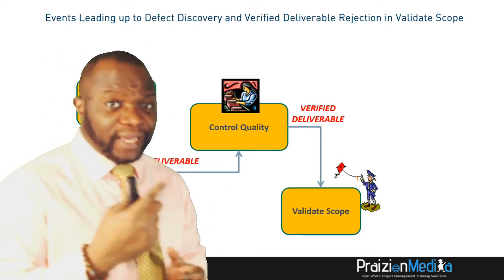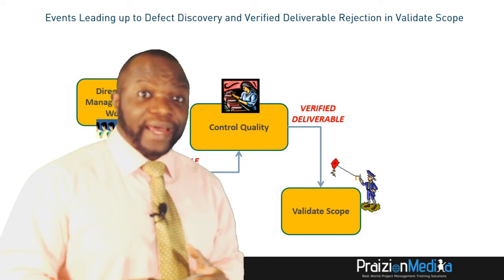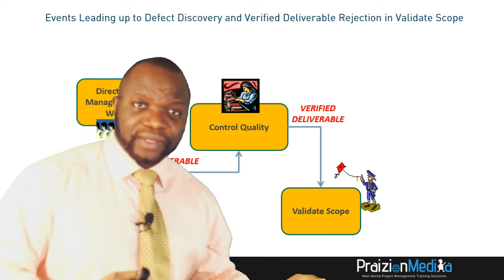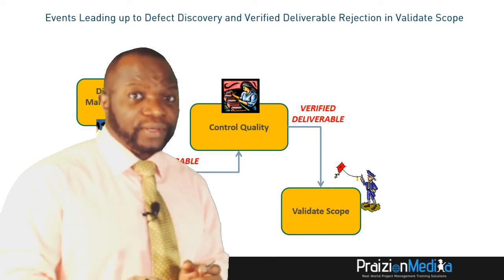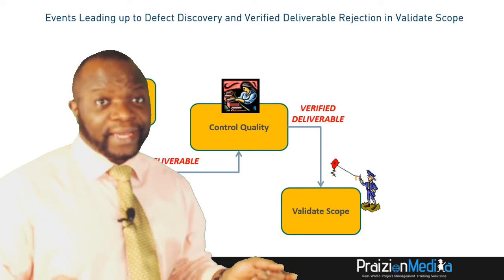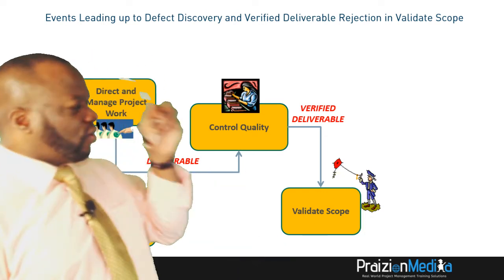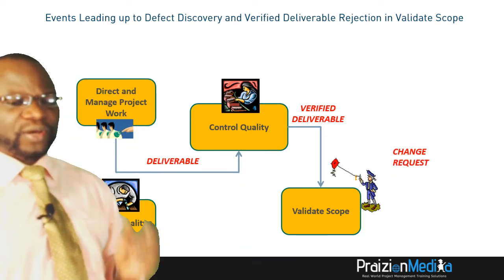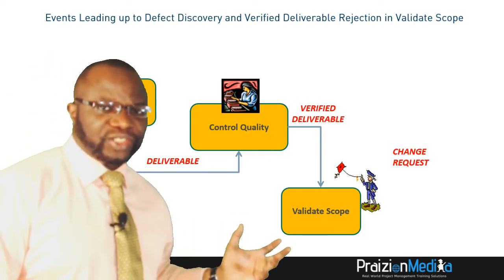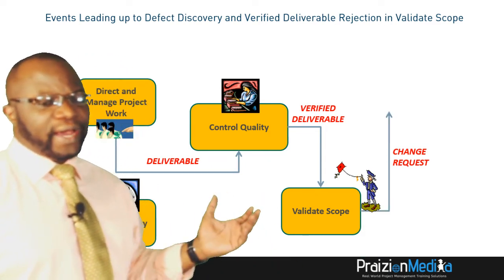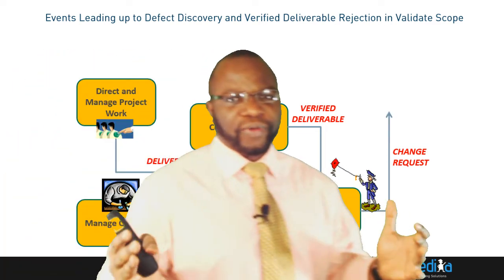If the answer is yes, then we will call it something else. If the answer is no, then we will get a change request again. So what happens? It seems as though the customer just rejected that verified deliverable, and we're getting a change request. Oh dear, back to square one.